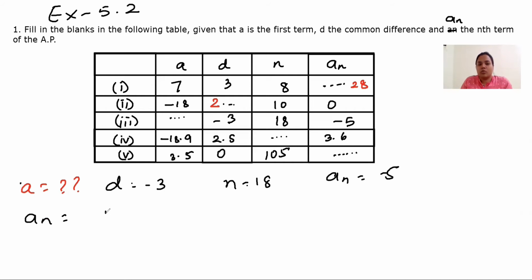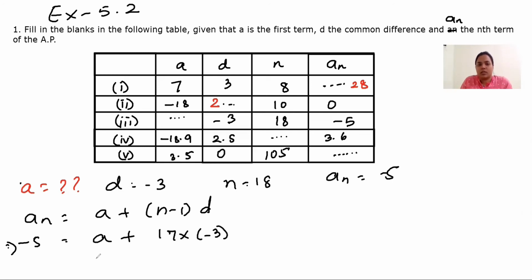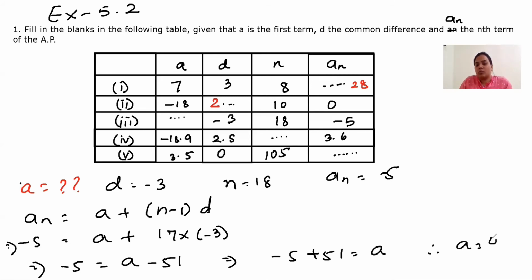So an is equal to a plus n minus 1 d. an is equal to minus 5 is equal to a, we don't have, 18 minus 1, that is 17 into minus 3. Implies that minus 5 is equal to a minus 51. So minus 5 plus 51 is equal to a. Therefore, a is equal to 46. This is the answer.